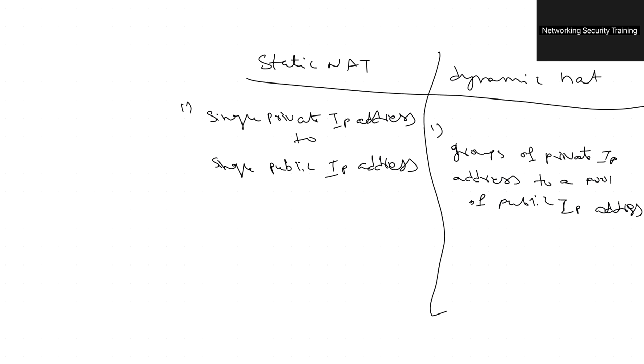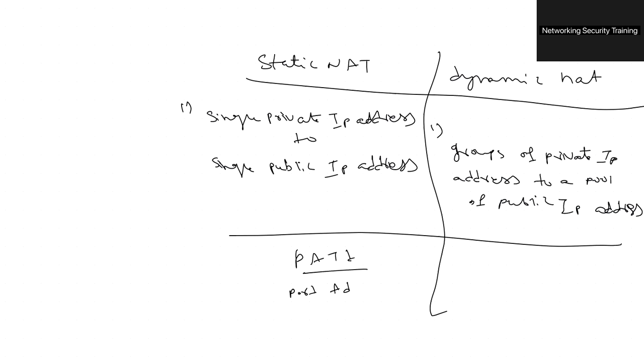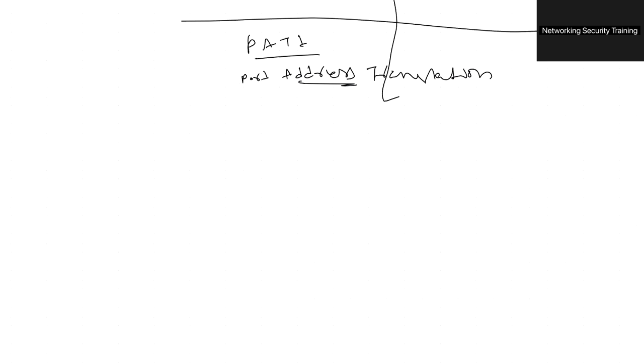And the other one is PAT. PAT is nothing but another name for NAT. PAT is Port Address Translation. This maps multiple private IP addresses to a single public IP address using different ports.